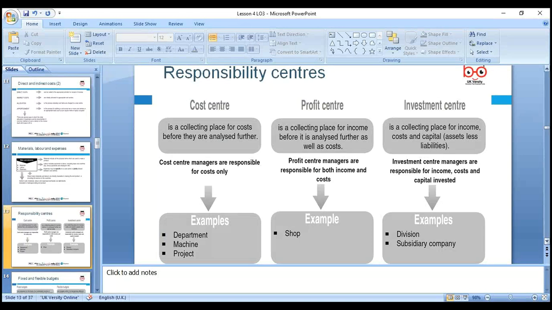The profit center manager is responsible for both income and cost. Investment is the calculating place for income, cost, and the capital. Capital comes under the investment divisions and subsidiary companies.